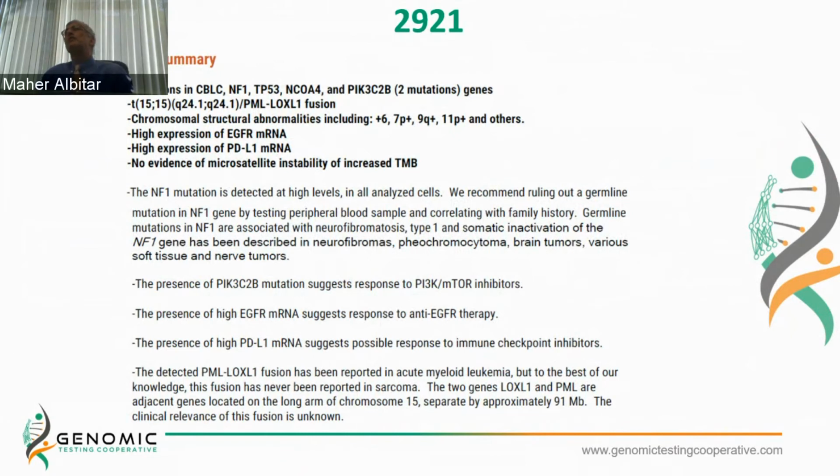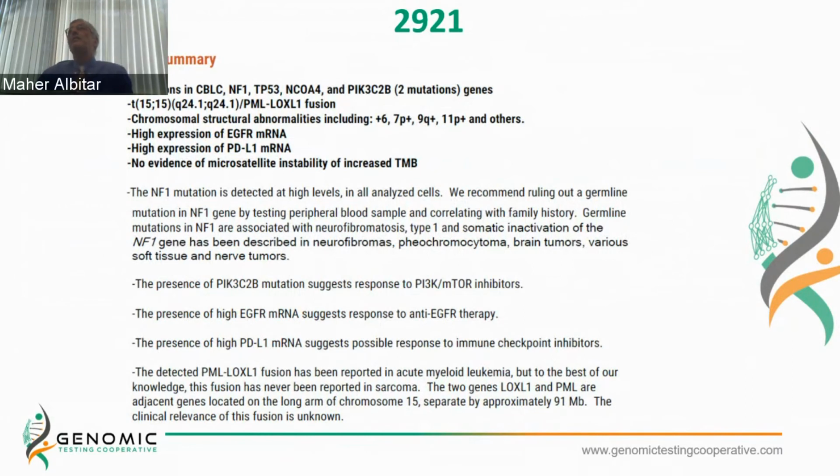The other very important things are the overexpression of EGFR and high PD-L1 expression. As for the fusion between PML and LOXL1 genes, this is a really new finding. We don't know its clinical implications at this time for this particular case.